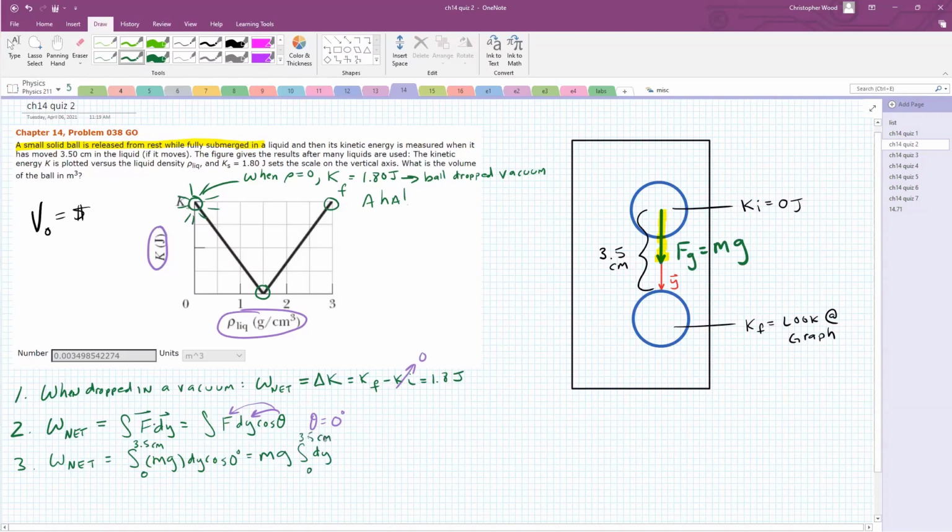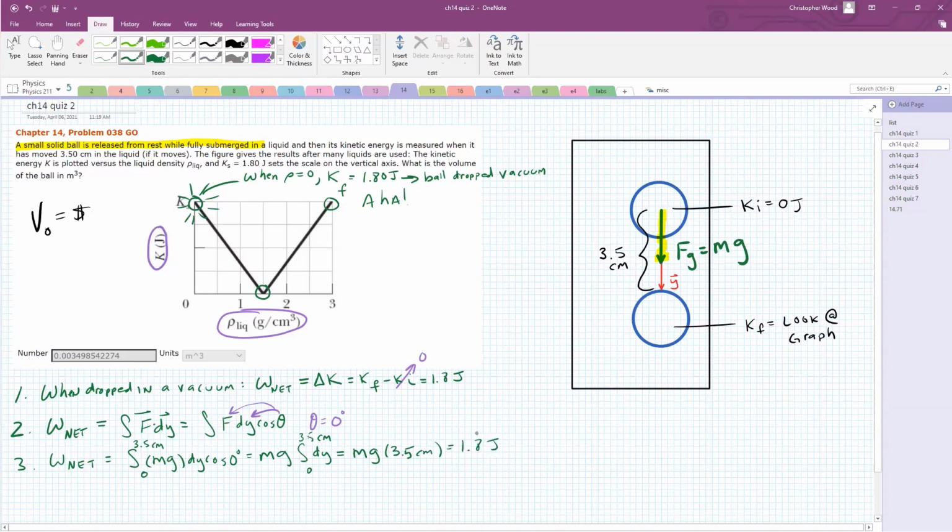You can figure out that the work done by this force is, in this case, just force times distance. This is how you would show that formally, although informally, work is force times distance. But I am getting m times g times 3.5, I'll stick with centimeters, equals 1.8 joules.